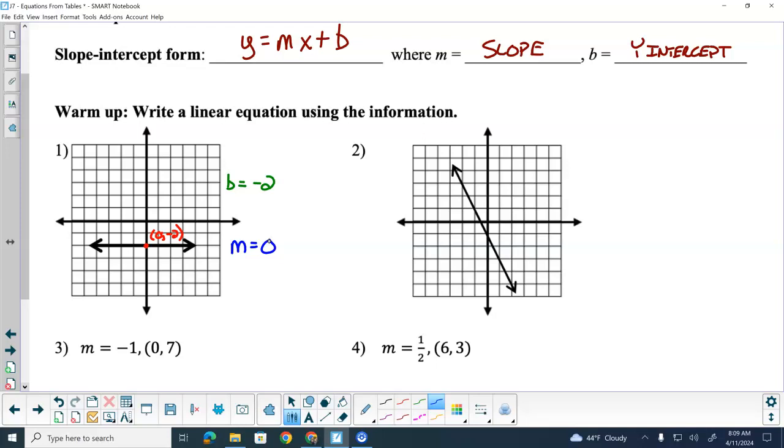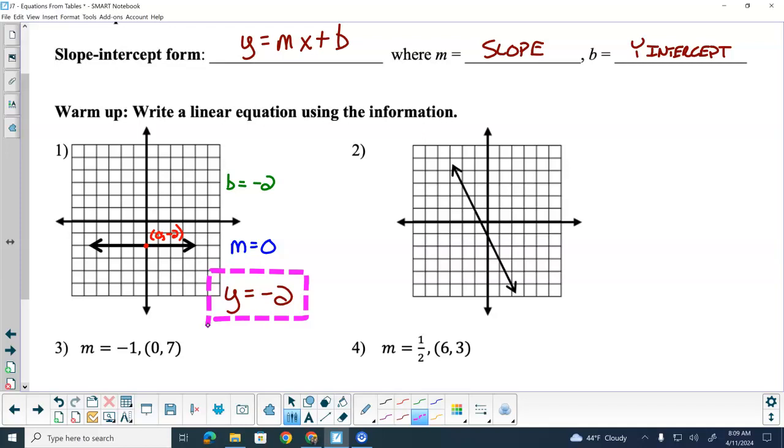Y equals negative 2. Yeah, because horizontal lines have 0 slopes, and it's just y equals some number, right? Good job.